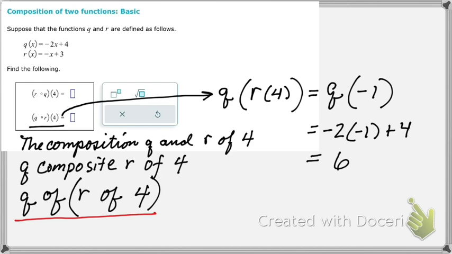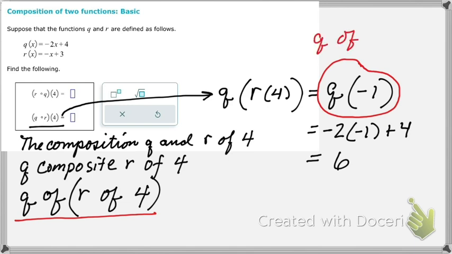One thought I want to get out of your head at this point is I want you to really be tuned into function notation. This is not multiplication. This is not Q times -1. This is Q of -1.